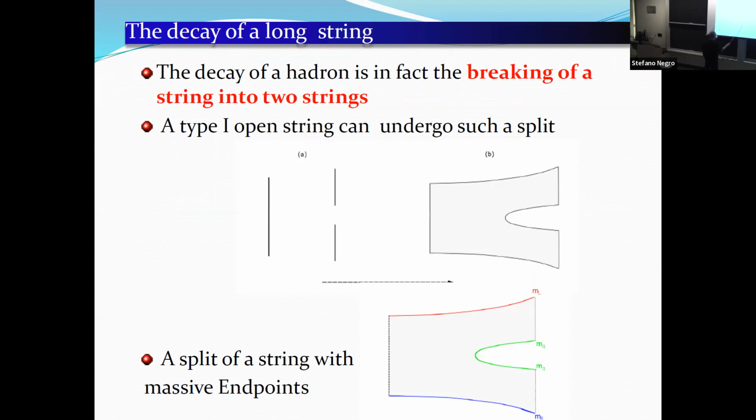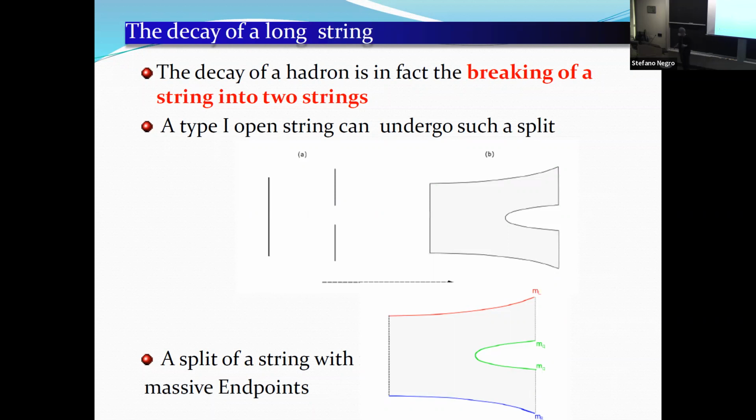For us, it will be that the endpoints are adorned with massive particles. And the question is, what is the amplitude for such a process? Now, if you think about it intuitively, you would believe that it will be linear with the length of this string, because it can break at any point.